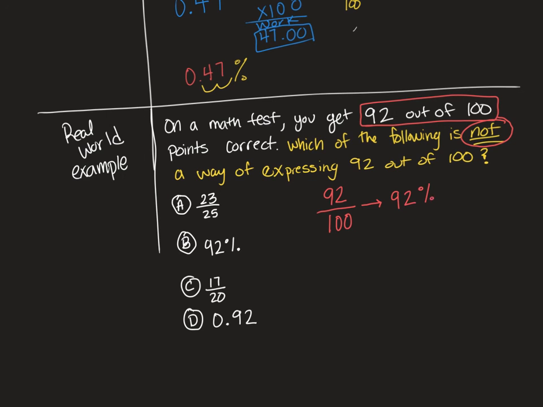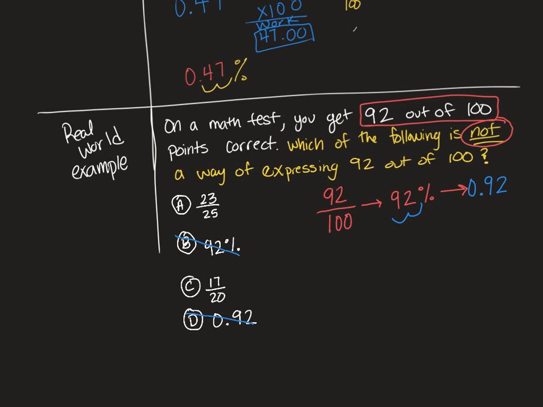And if I convert that into a decimal, I just get rid of the percentage symbol, move this 2 places, and I get 0.92. Right? 92 hundredths. So 92%, that's a correct way of expressing it. So in order to answer the question, I have to find the one that's not equal to 92 out of 100. I know that this is the same as 0.92, so that one is equal as well.